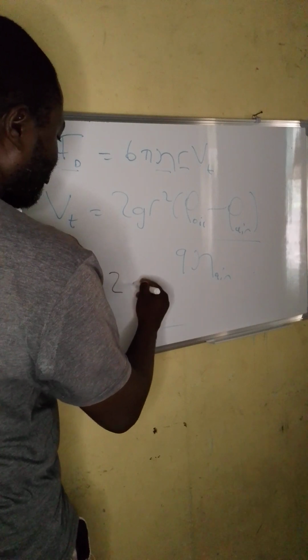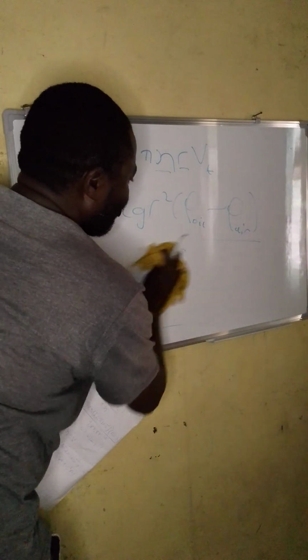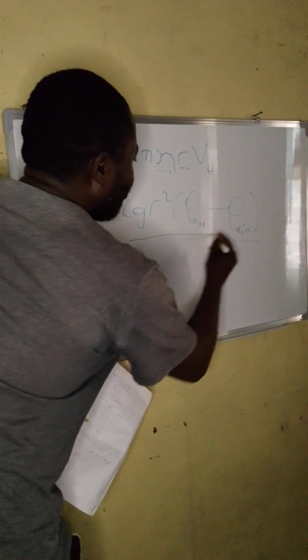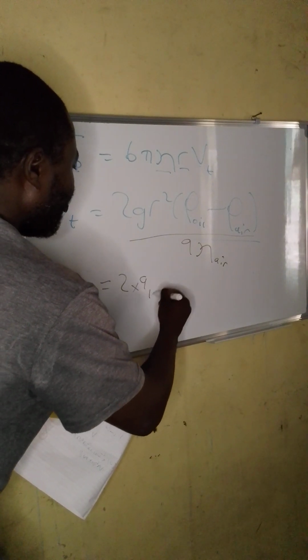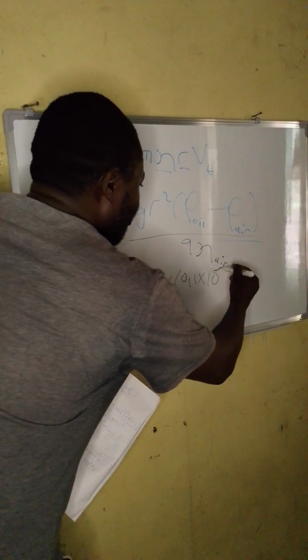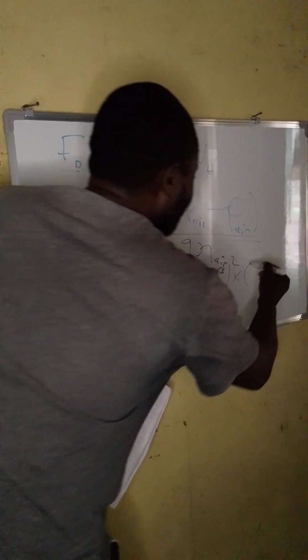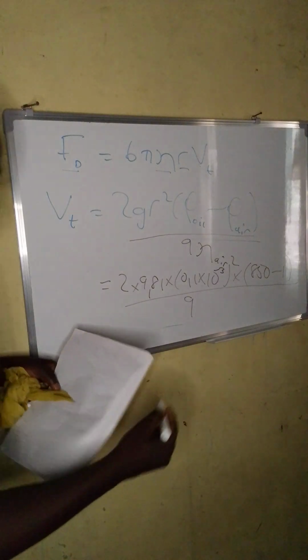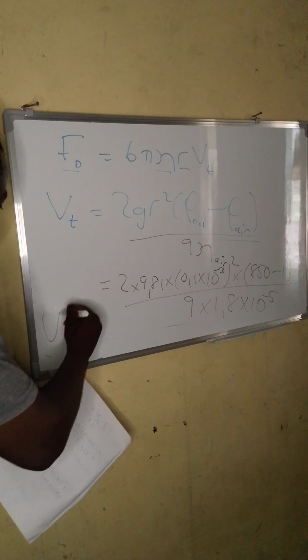It will be 2 times 9.81 times 0.1 times 10 to the power minus 3, squared, times the density difference, over 9 times eta.